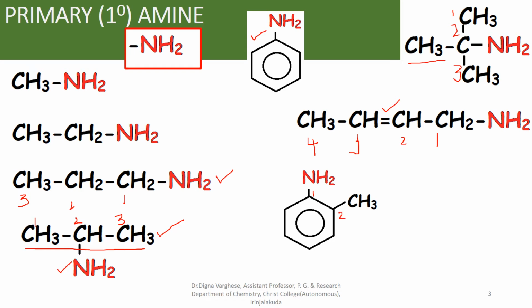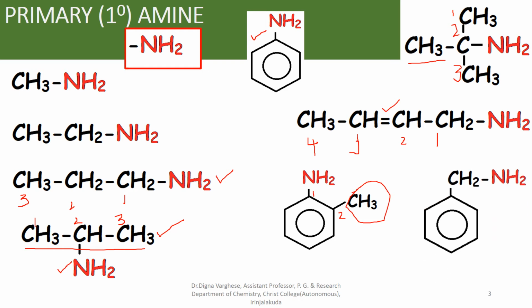So it is 2-methylbenzenamine or 2-methylaniline, and its common name is ortho-toluidine. We know toluene is a benzene ring attached to CH3.